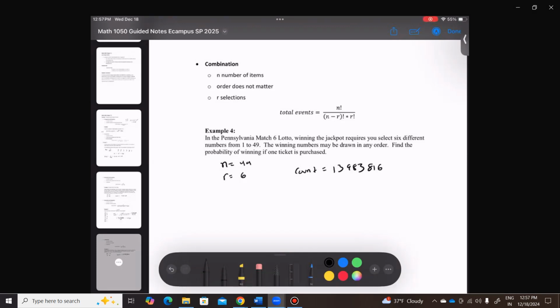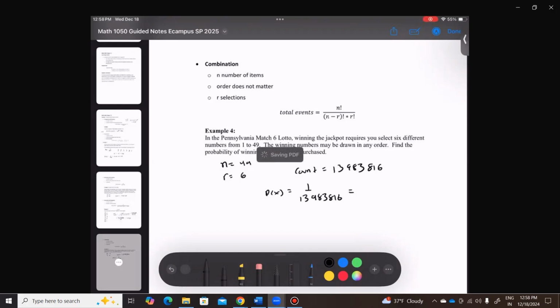All right, so the probability of winning would be 1 over that value, which becomes about, let me get the division of it. A really low number.